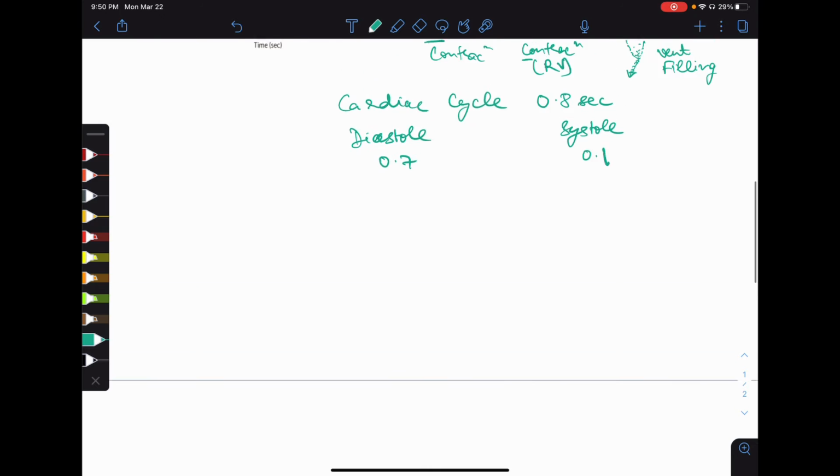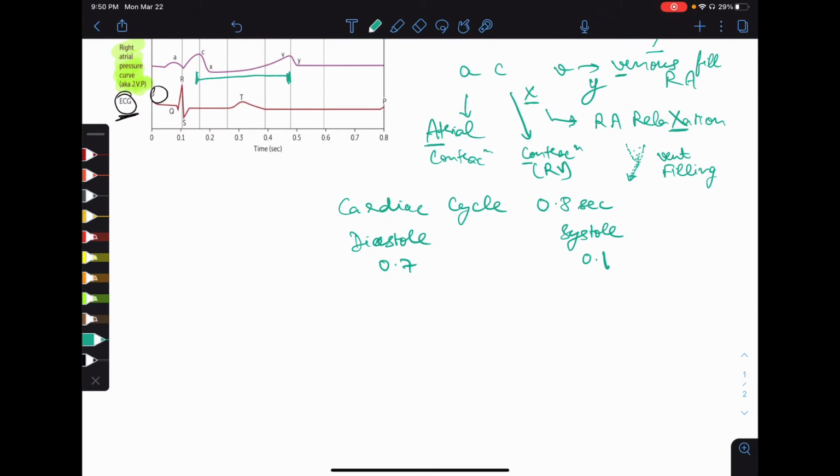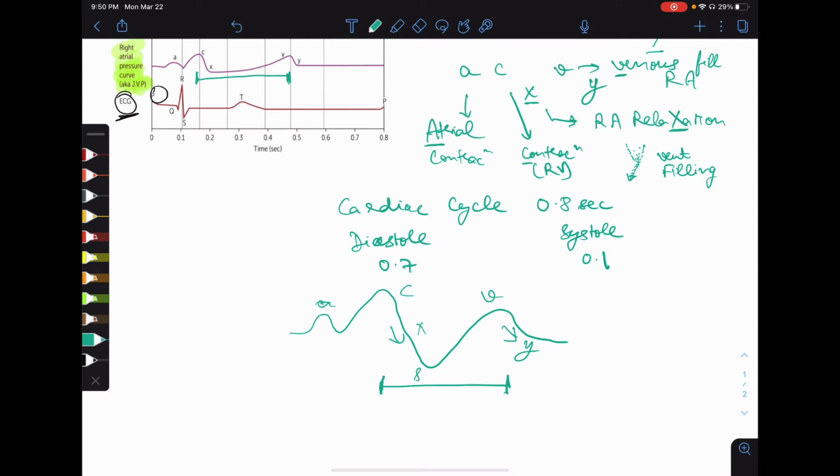So if I draw your diagram here: A, C, X descent, V and Y descent. From here to here is the systole. This is diastole. Now in systole we have three parts, two waves and one descent.